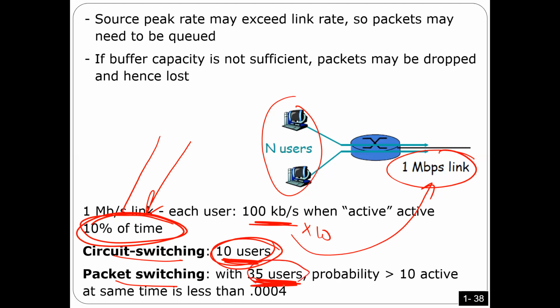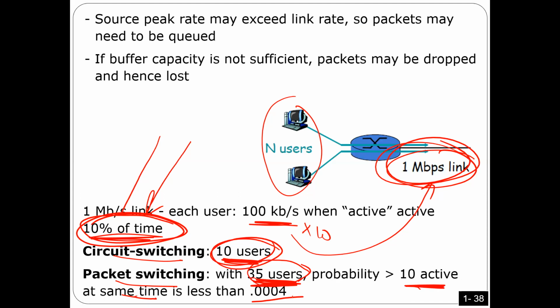But if I give it to 35 users, it may happen that the total transmission is more than 1 megabit per second. It may happen at some times, but the probability, you don't need to know how it is calculated, I just want you to understand the difference between these two. Given everybody is going to use it only 10% of the time, the probability that I have more than 10 computers active at the same time is just 0.0004, almost nothing.